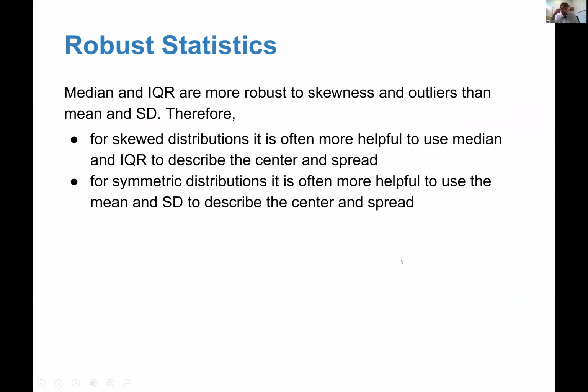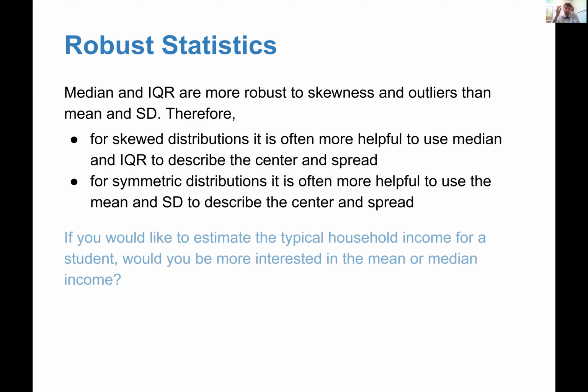Median and IQR are more robust, meaning they're not affected by one number moving around a lot. So for skewed data, it's often best to use median and IQR. For symmetric data, it's often better to use mean and standard deviation, because they take in more information. That's good as long as they're not being super affected by outliers.